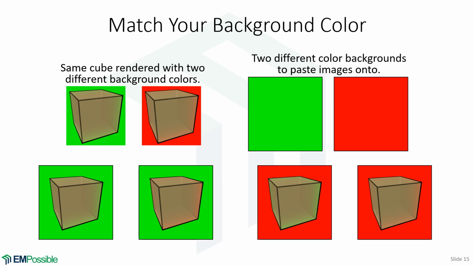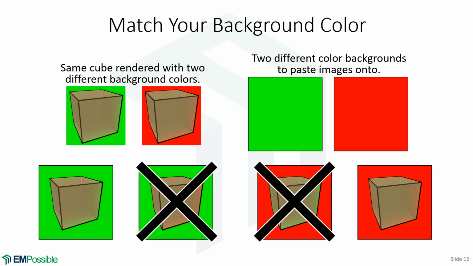Now I can look at this the other way around. I stick those same two things on a red background. Well, the cube that was rendered with a green background looks goofy because I'm looking through it and I see green and not red. Whereas over here, now I'm looking through it and I see red. So if you're going to do things this way, you need to match your background color or things will look a little bit goofy.